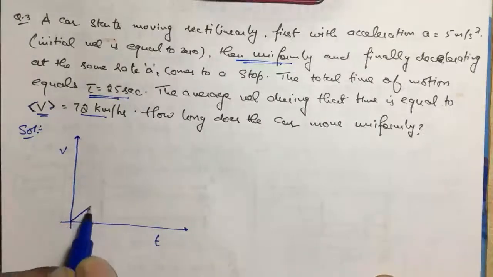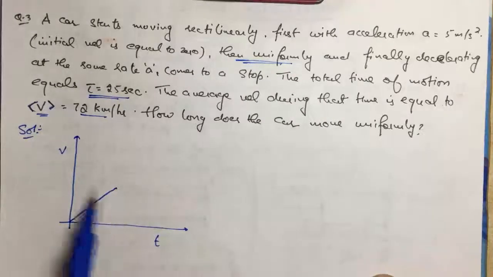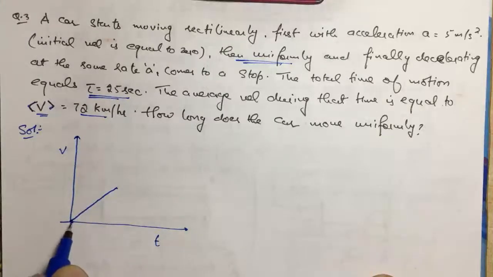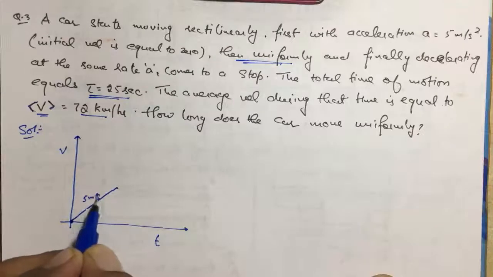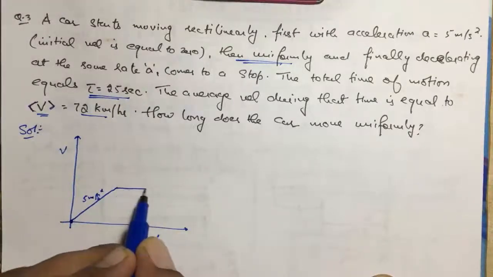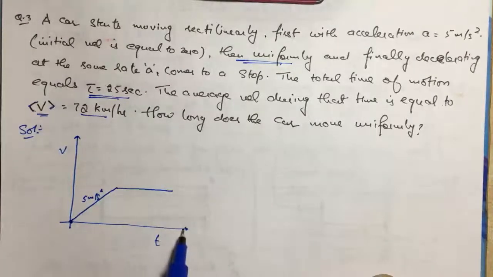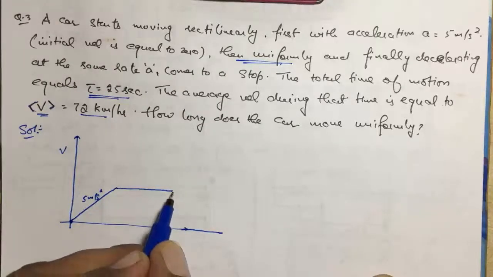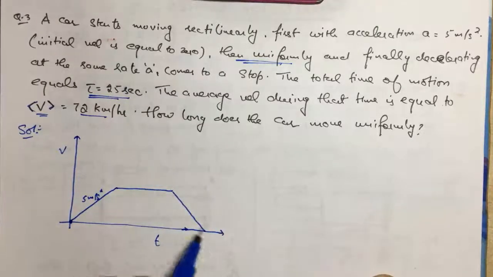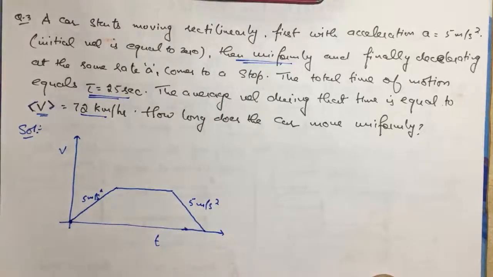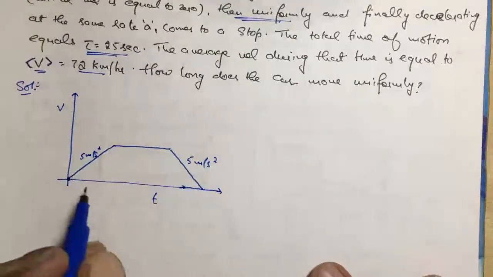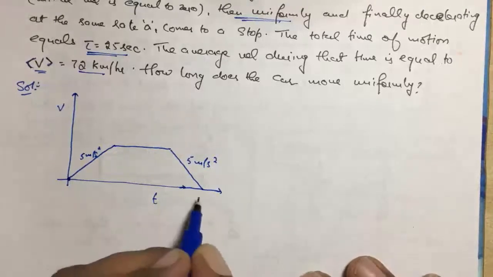First of all, it is given the car starts from rest, so initial velocity is 0, then it moves with 5 meter per second square, that is uniform acceleration. It moves with uniform velocity for some time and then decelerates at the same rate, 5 meter per second square. So this is the question, this is the graph.